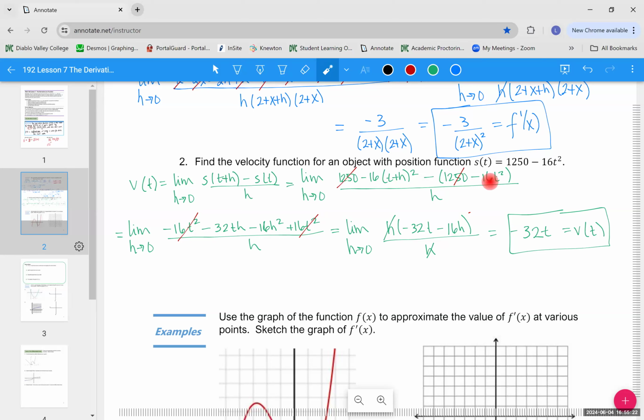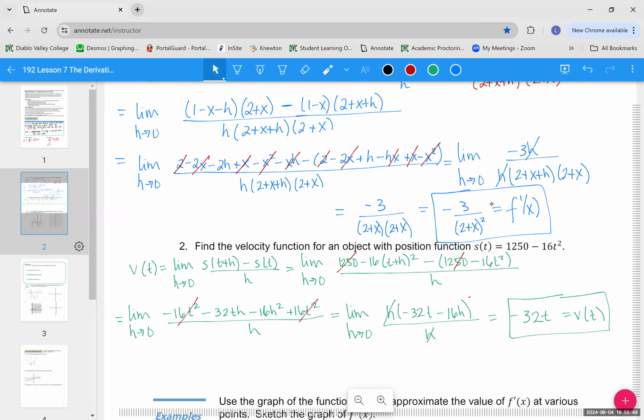Minus the minus 16t squared. So now my 16t squareds cancel. I notice I have an h in both terms in the numerator, so I'm going to factor that out. Which cancels with the denominator, leaving this expression here. And when I plug in h equals 0, this part will go to 0 and I'll be left with just negative 32t for my velocity.